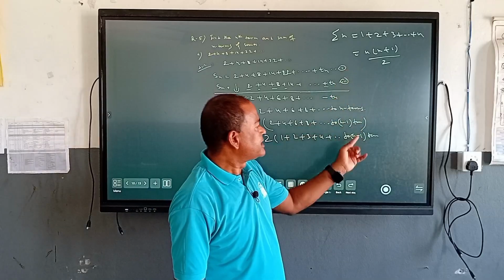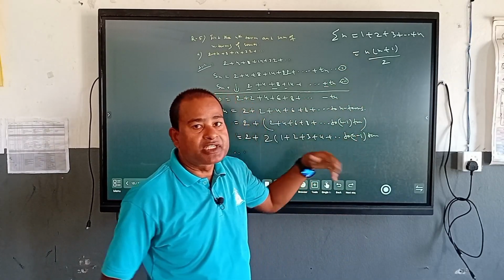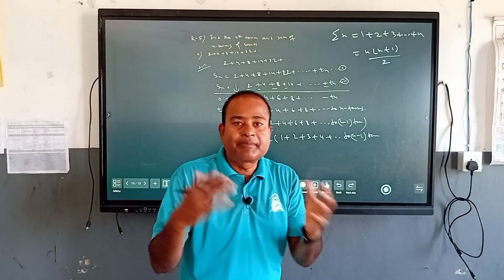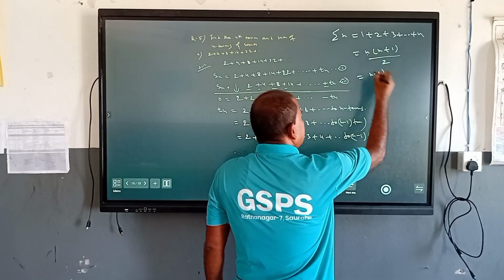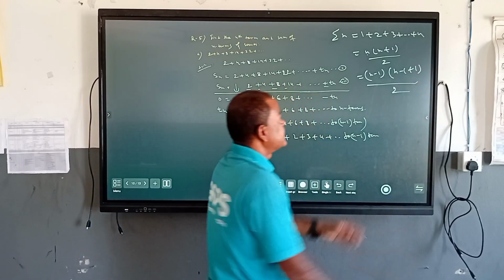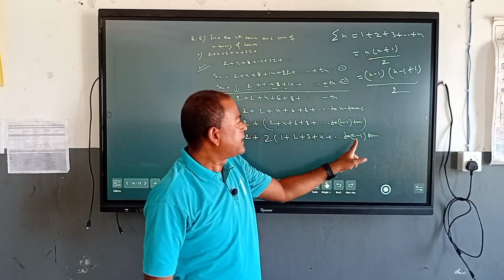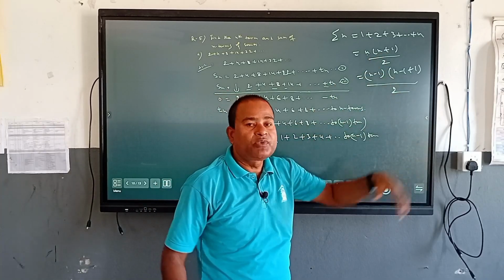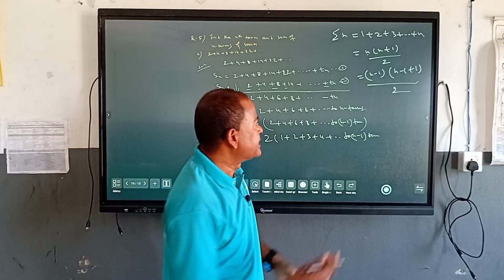So now we are going to replace the value of n by n minus 1, because we have got only n minus 1 terms. In the formula of the sum of the first n natural numbers, if we put the value n minus 1, then we'll get the sum to n minus 1 terms of the series.